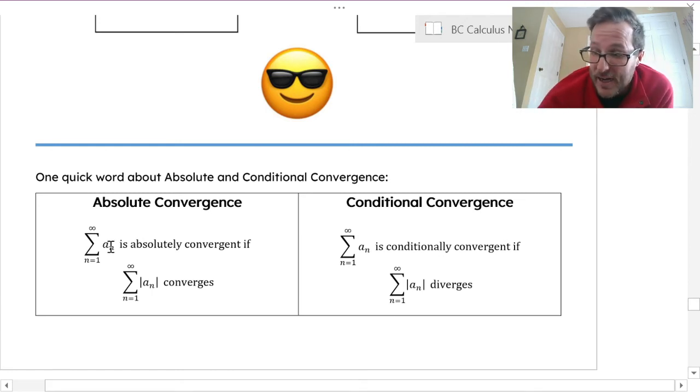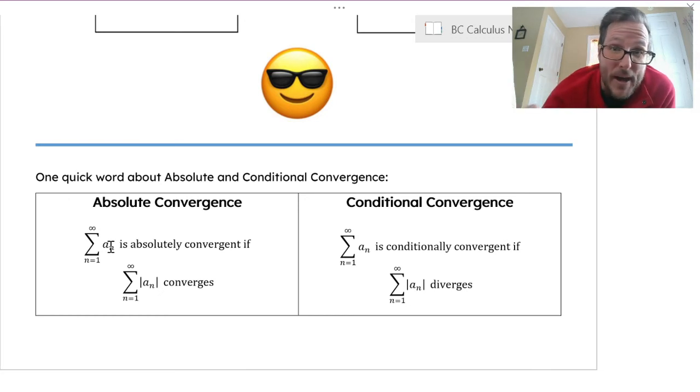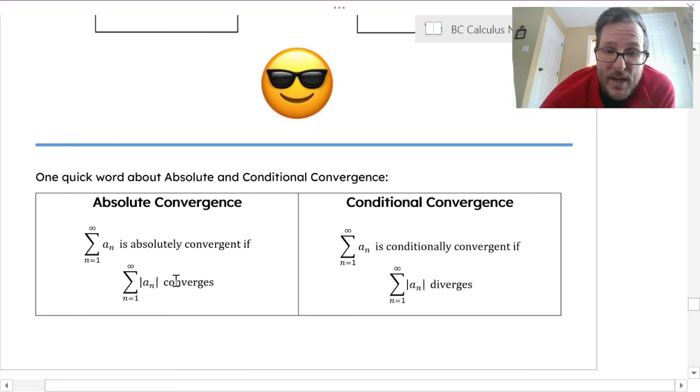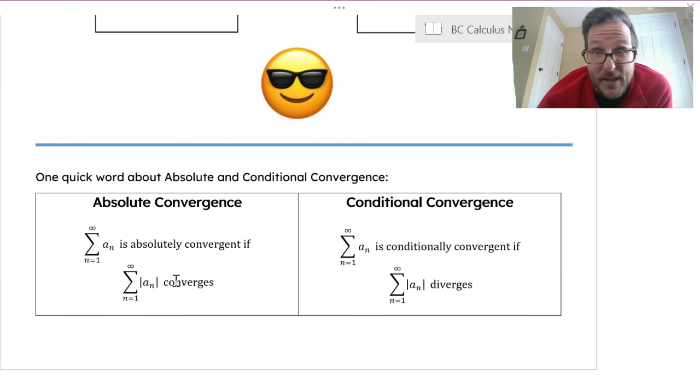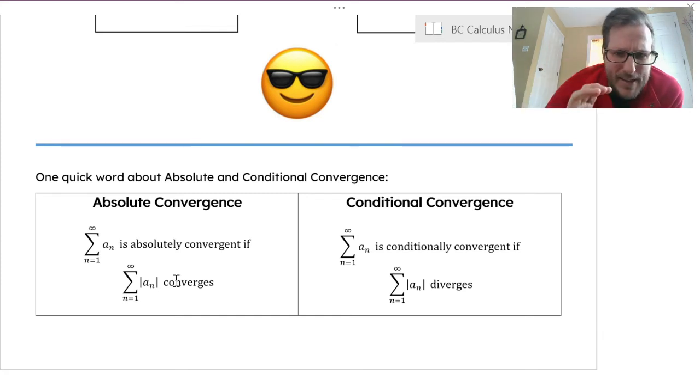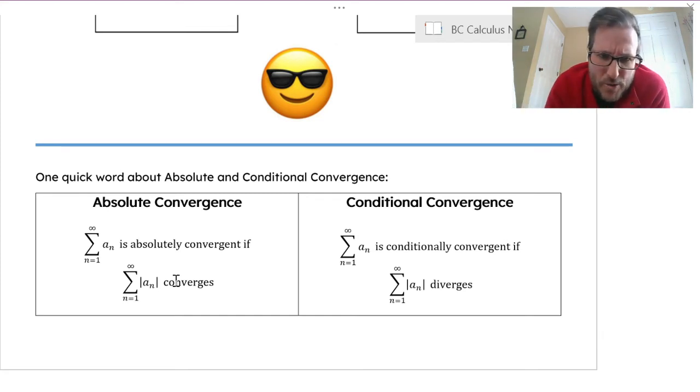So the alternating and the all positive series both converge. That's absolute convergence. Conditional convergence says that maybe the alternating series converges, but the all positive version of that series diverges. That's the difference between the two.